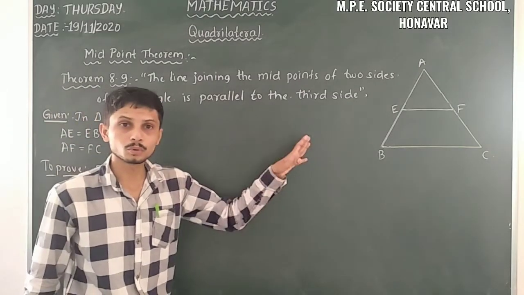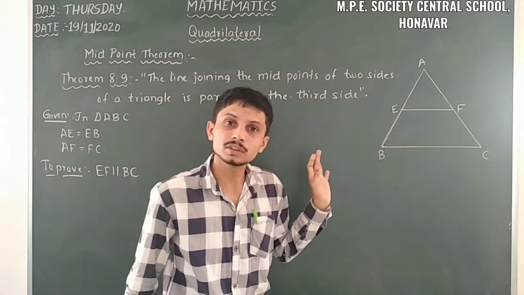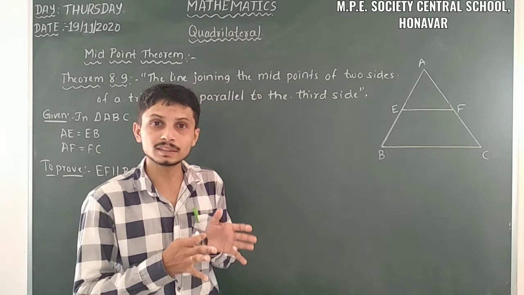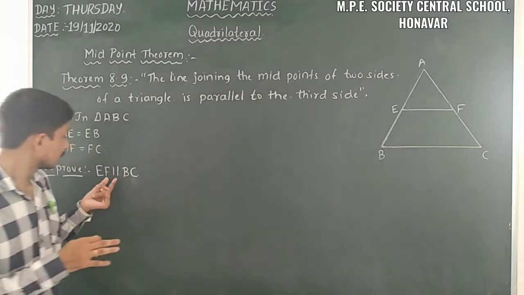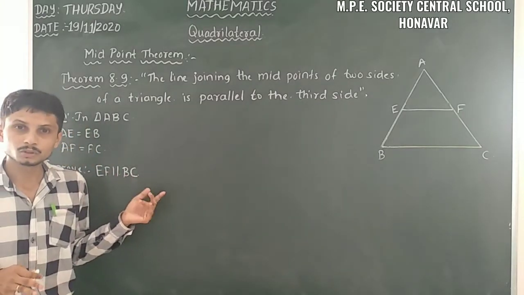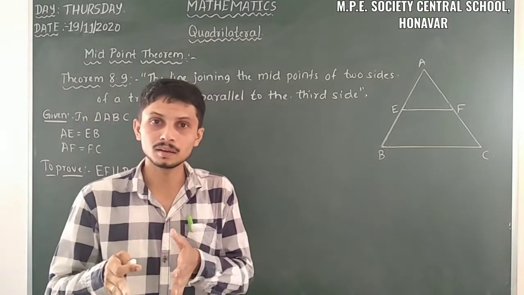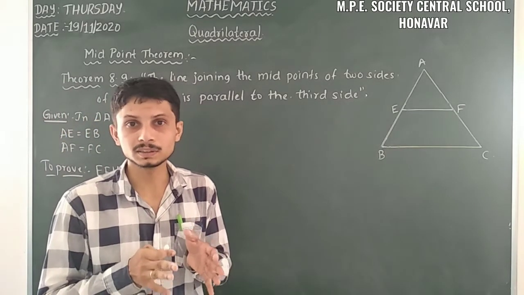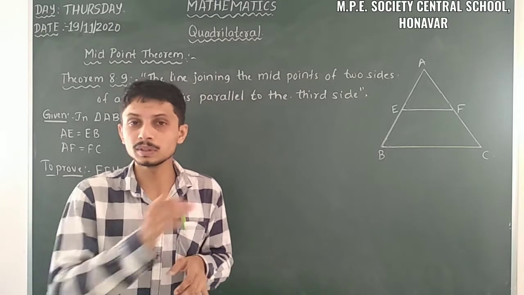So just look at the figure here. Are there any chances to get the result here? No, because here just observe, EF is parallel to BC. So when we go into the concept about parallel, parallelogram is very much needed. If we have a parallelogram, we can prove it easily.